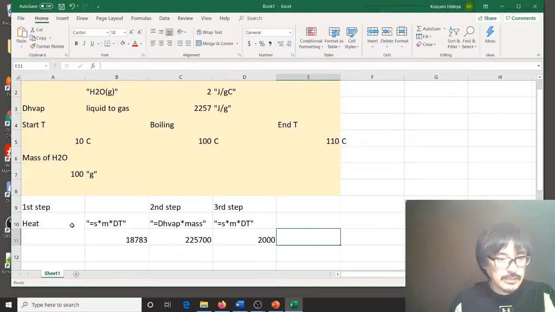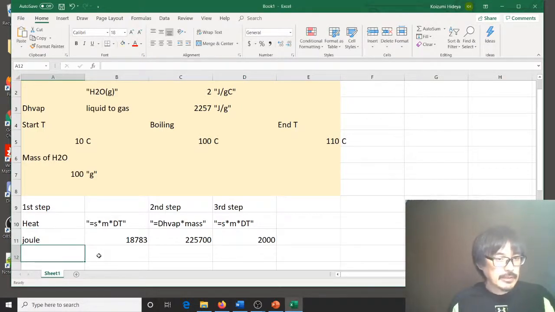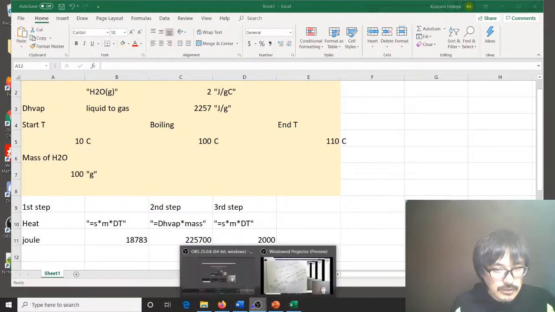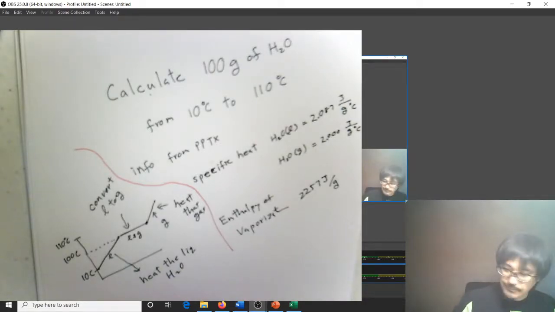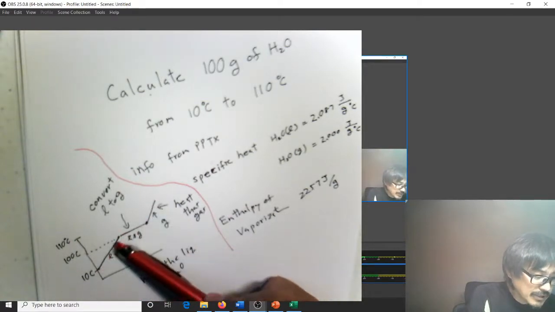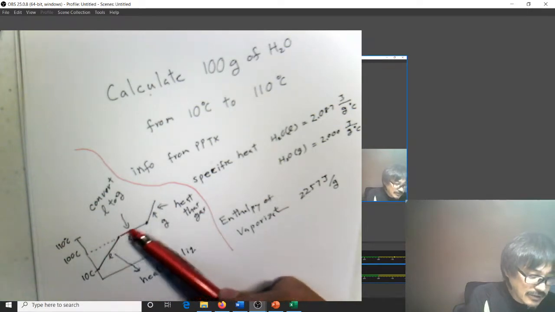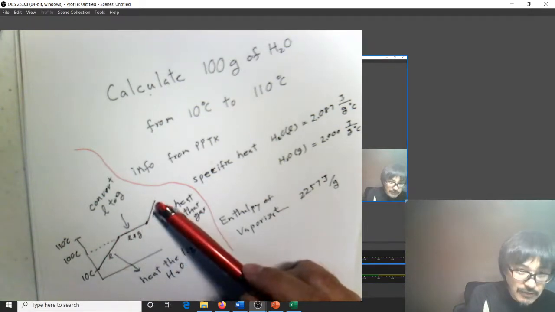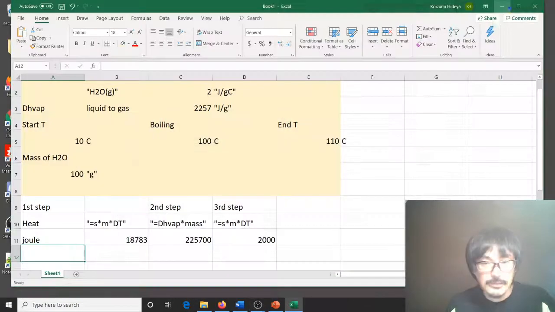So each one of these things is in joule. If you're interested in calculating the heat to go all the way from here to here, you need the heat required for that, the heat required for that, and the heat required for that, right? So you are going to add up everything. That's like three steps in one shot.